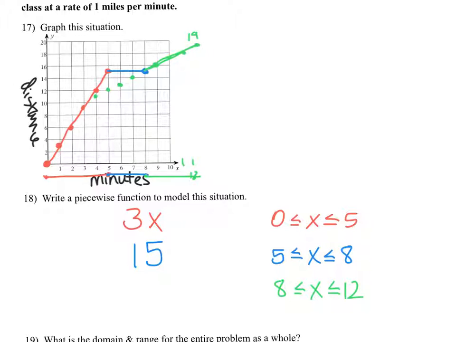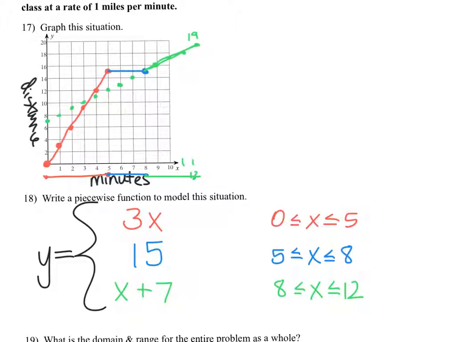I'm just going to keep this pattern going until I hit the y-axis. Make sure that's a straight line, and it is. It looks like I'm hitting the y-axis at 7, and I'm counting 1 mile per minute, or 1 over 1, so that's x, or 1x if you want to write that, plus 7, because that's where we're starting on the y-axis. So there's my piecewise function for this situation.